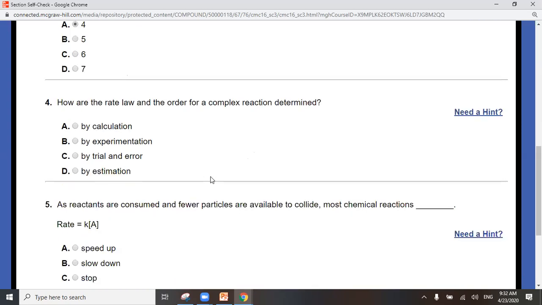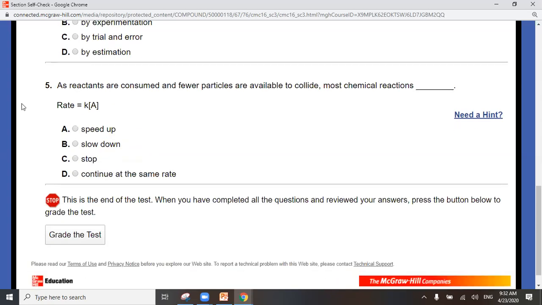Question number 4. How are the rate law and order for a complex reaction determined? By calculation, by experimentation, by trial and error, or by estimation? Last question.